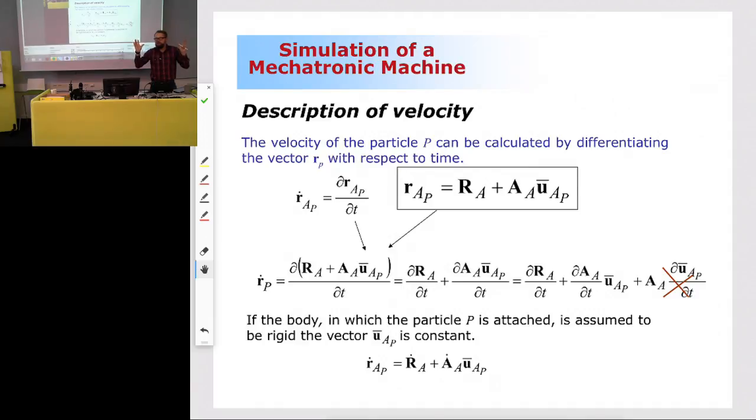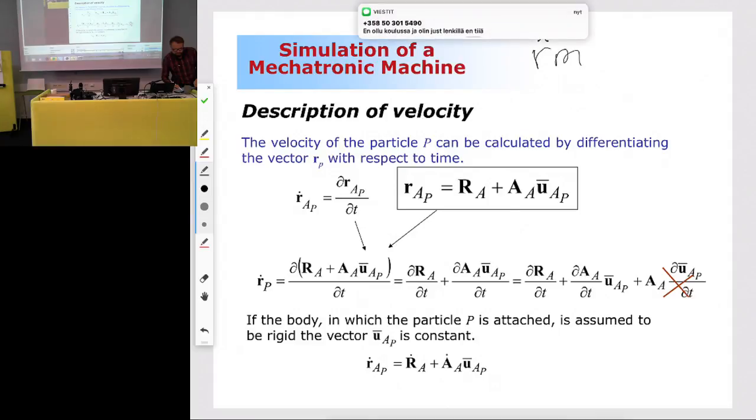Why? Because eventually we will use this equation that maybe you are already familiar with. So we will use the equation which is acceleration multiplied by mass, equal to externally applied forces.